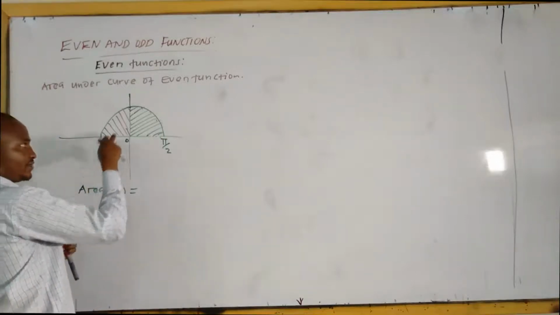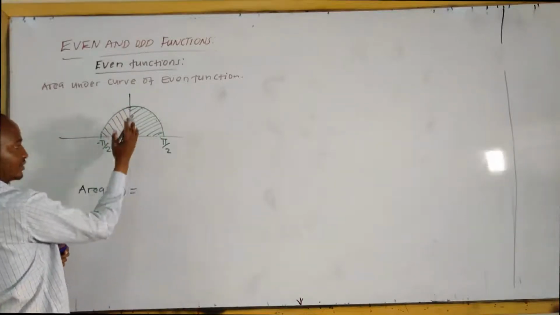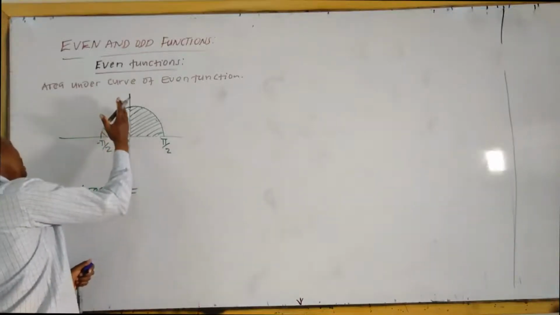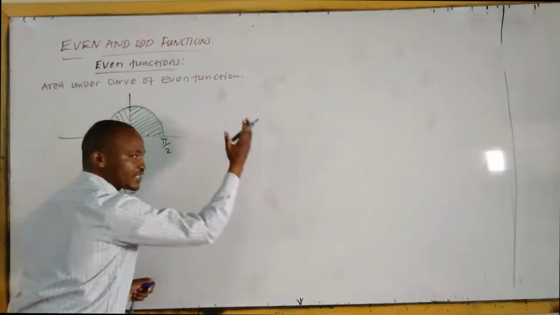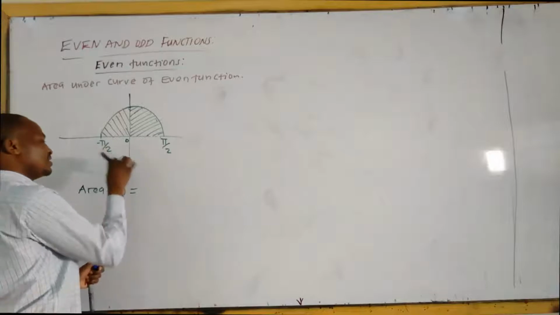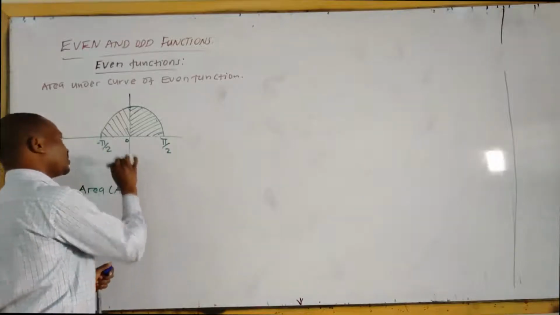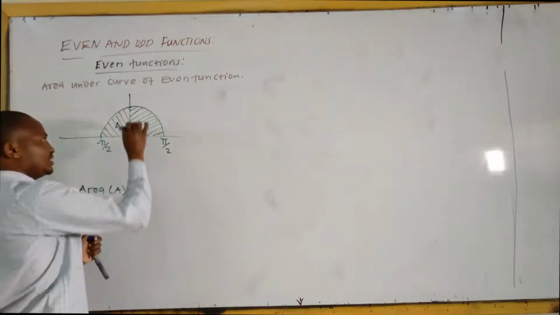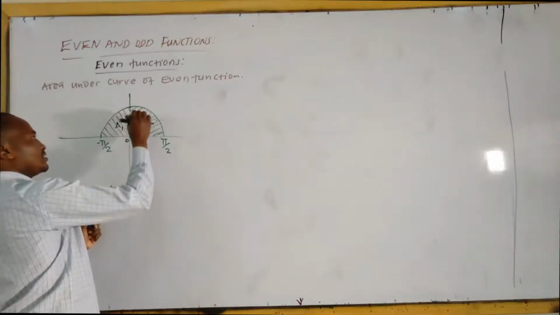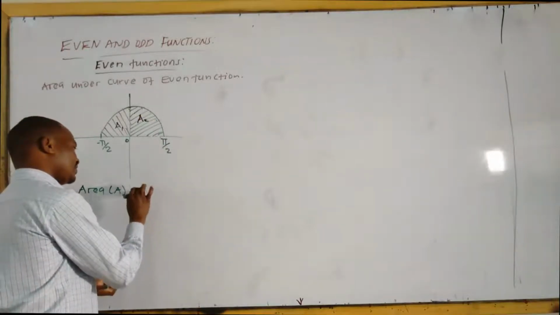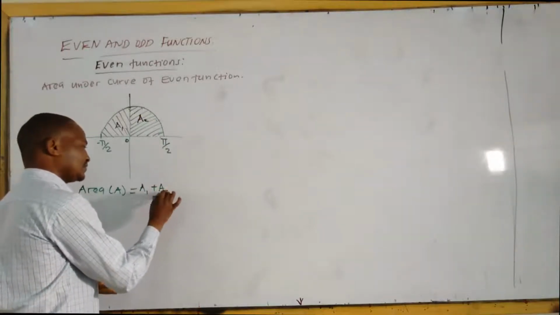First of all, get the area of the portion on the negative side of the x-axis, then get the area on the positive side of the x-axis, and then we combine the two areas. Call this one area 1, and this one area 2. This is area 1 plus area 2.